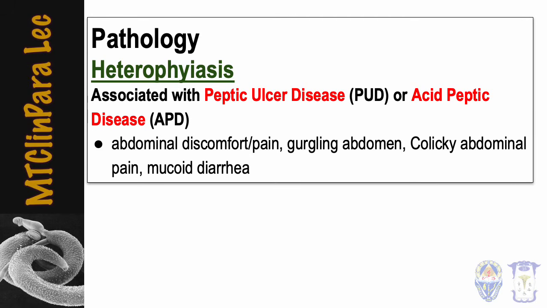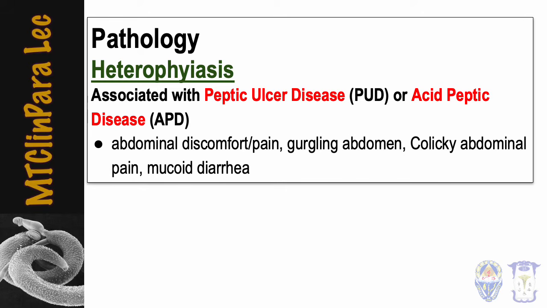For the pathology of Heterophyes species, this is called heterophyiasis, and this is associated with peptic ulcer disease or acid peptic disease. These are sets of conditions characterized by an imbalance between acid secretion and gastric mucosal defenses. These manifest as peptic ulcer disease, sometimes GERD or gastroesophageal reflux disease, or even stress-related mucosal injury.